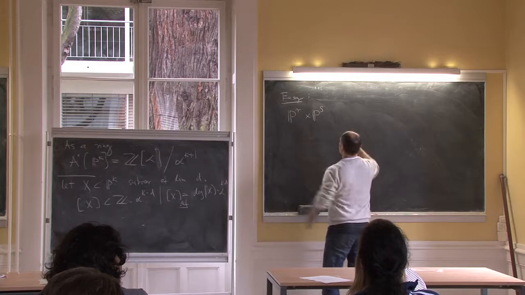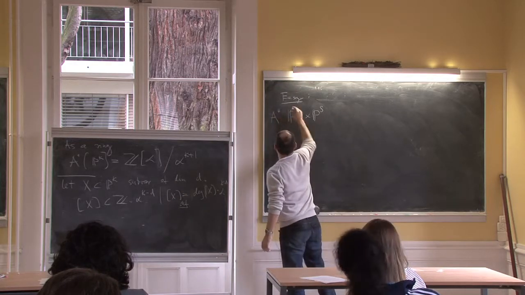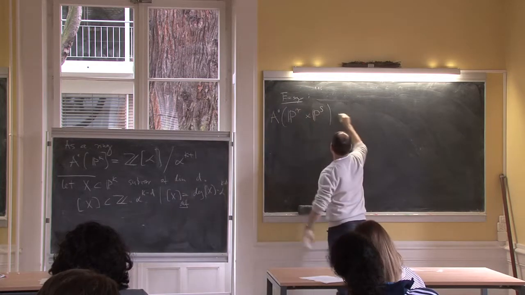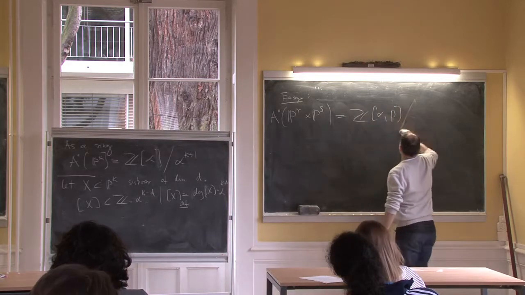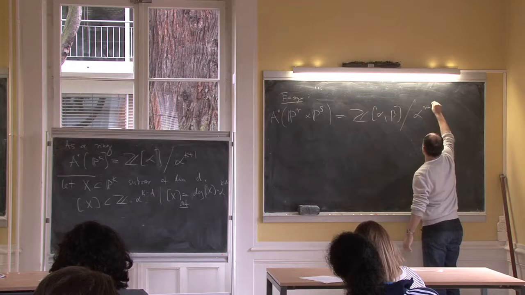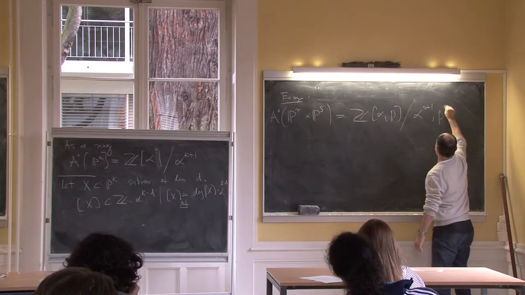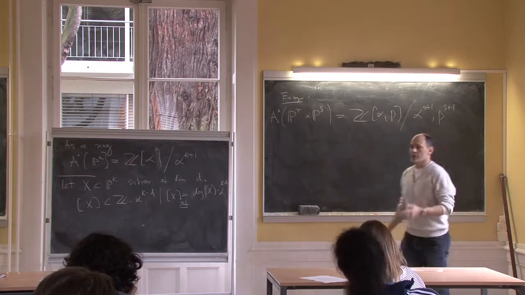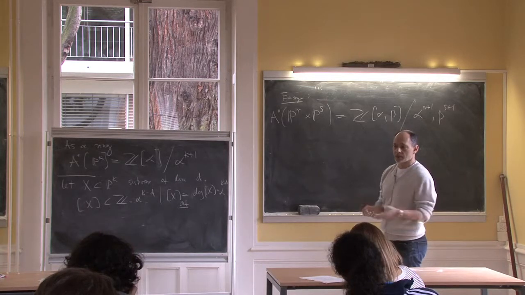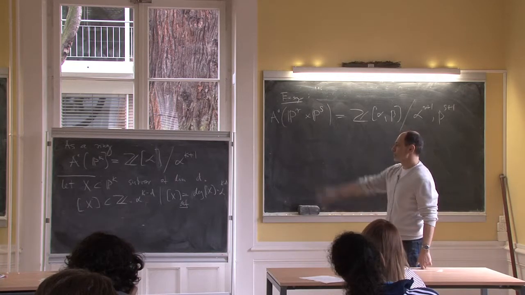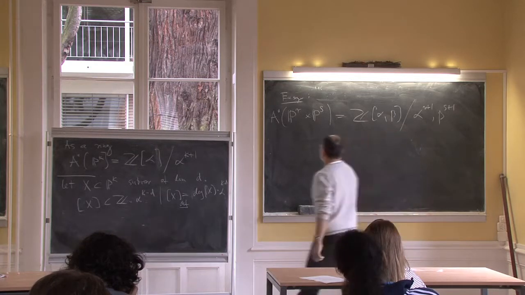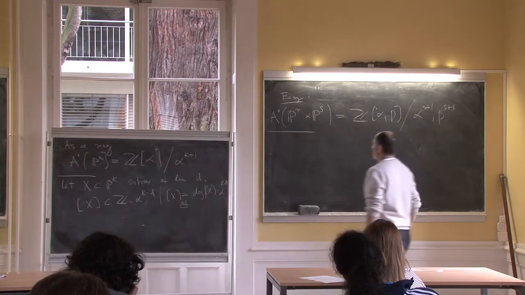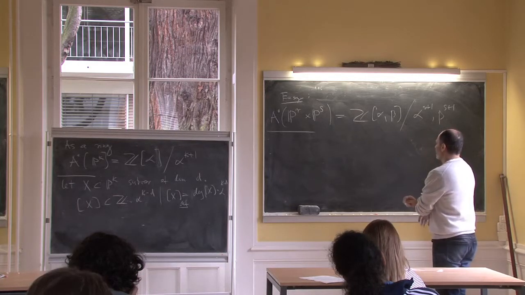So you get the completely analogous statement, Z[alpha, beta] divided by alpha to the r plus 1 and beta to the s plus 1. It's exactly the same thing, because you have the same stratification and the same arguments about intersections. All right, so what I wanted to explain is the following.